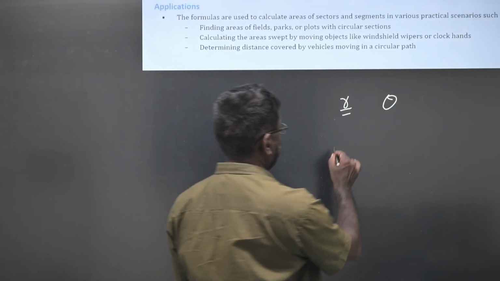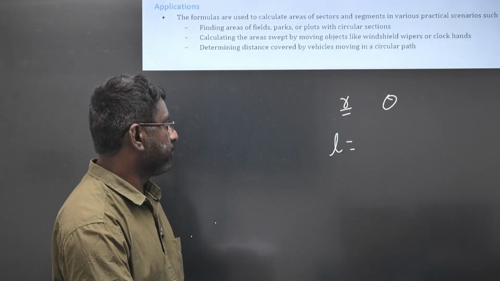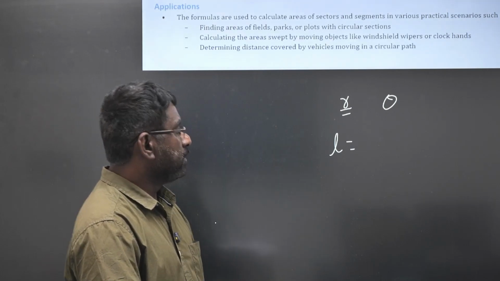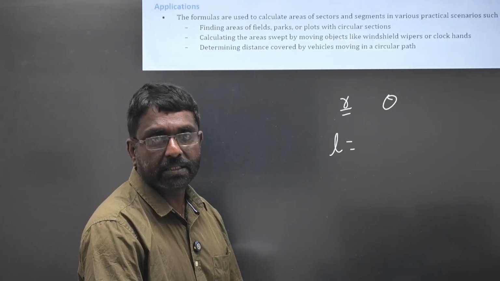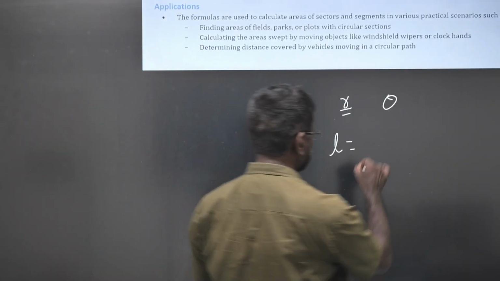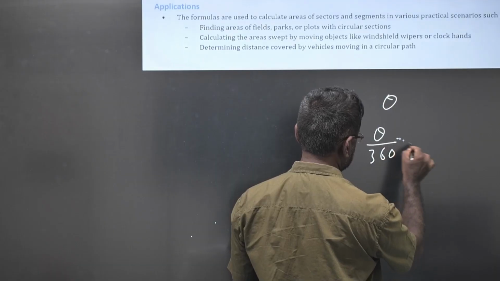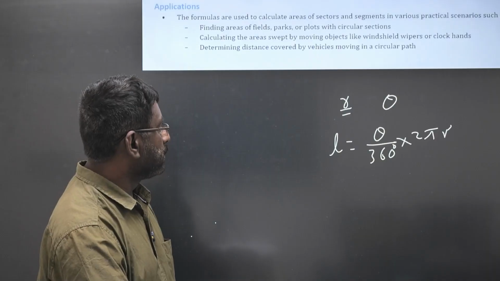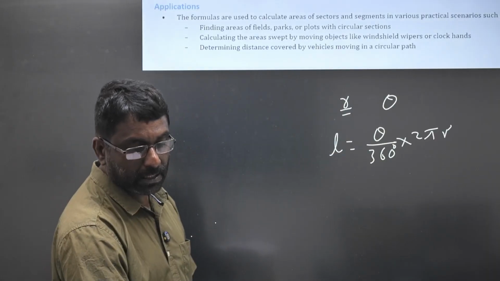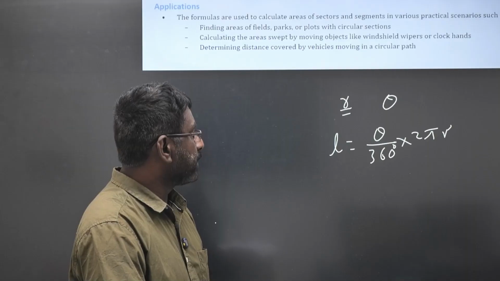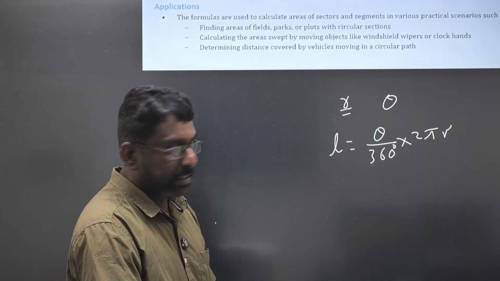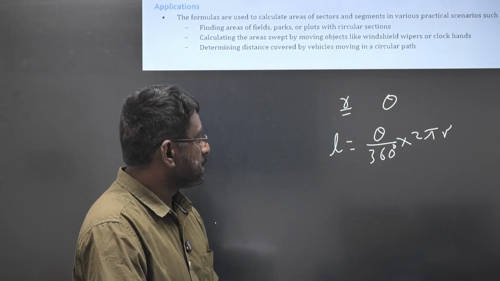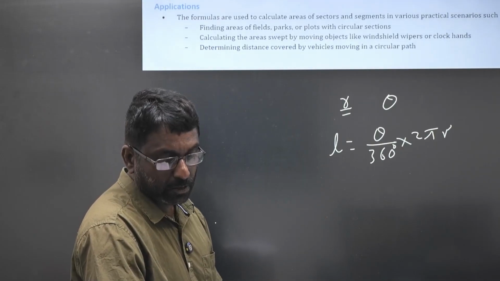Then the length of the arc of the sector, denoted L, is equal to theta divided by 360 degrees into 2 pi r. What is R? R is the radius of the circle, theta is the angle in degrees of the sector, and L is the length of the arc.